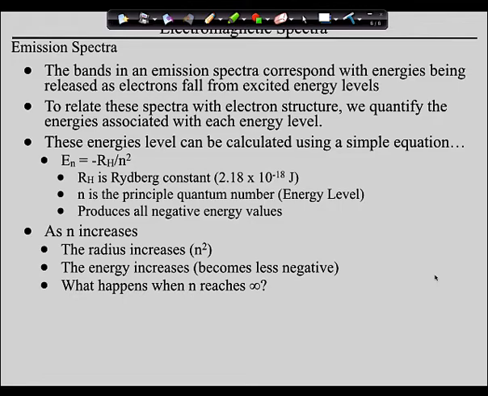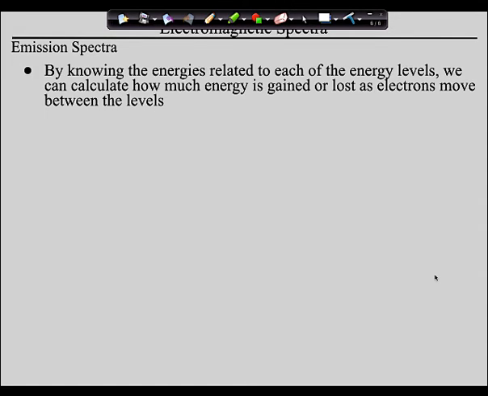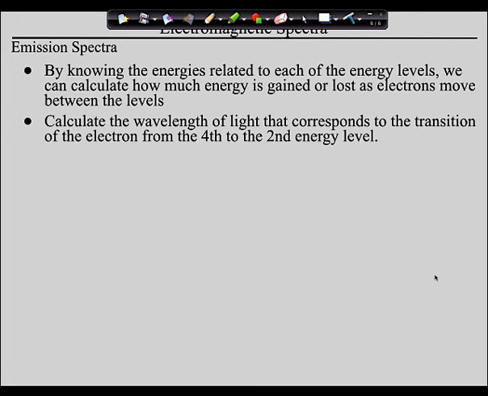You guys okay? All right, so guys, let's solve this. Here's the deal. Don't write this down. So here's the connection. By knowing the energies of the energy levels, we can now figure out what these electrons are doing when they fall and release light. For example, we have an electron that's going from the 4th energy level down to the 2nd energy level.